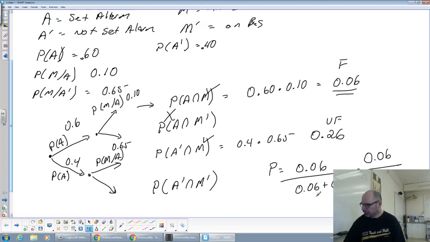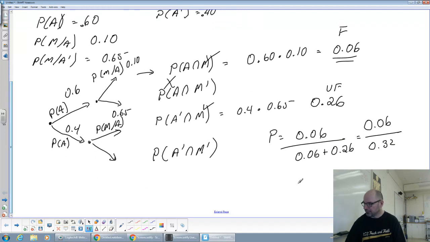Or if we reduce that down, 6 over 32, which we can reduce by dividing by 2, 3 over 16. If you want it as a percentage, 3 divided by 16 equals 18.7%.